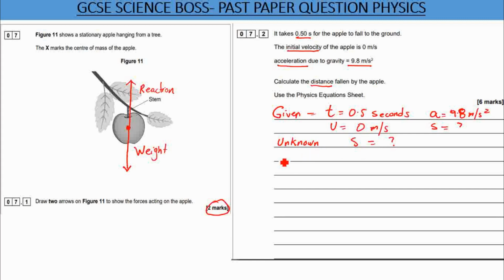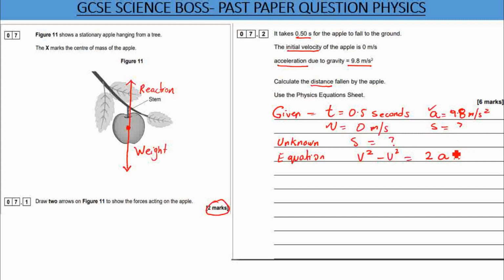All right. Now, is there an equation that you know that links S, U, T? Now, there's an equation. V squared minus U squared is equal to 2AS. So we have initial velocity. We have the acceleration.